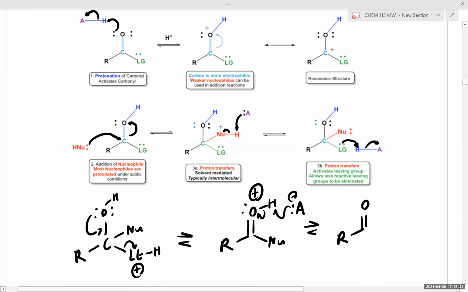And that gives us our desired acyl substitution product. Does this general mechanism make sense to everyone? Any questions on this mechanism?